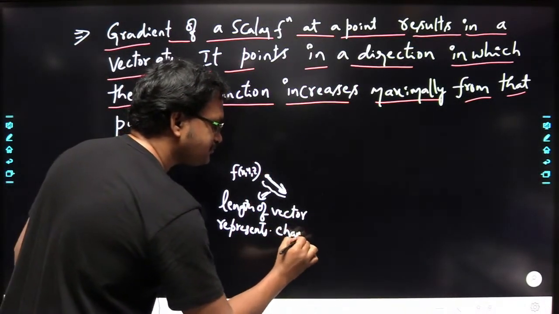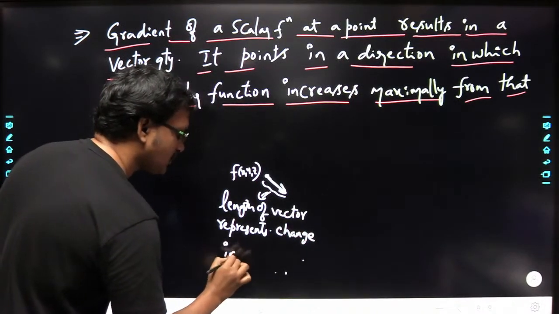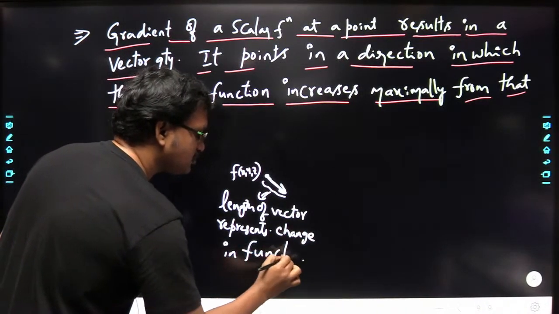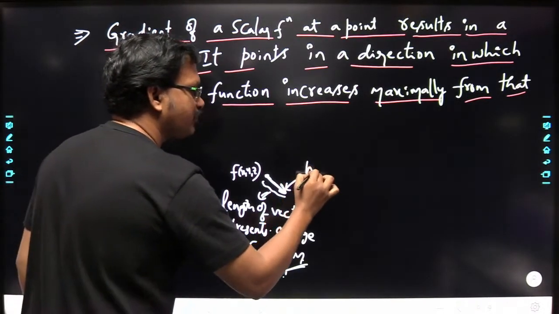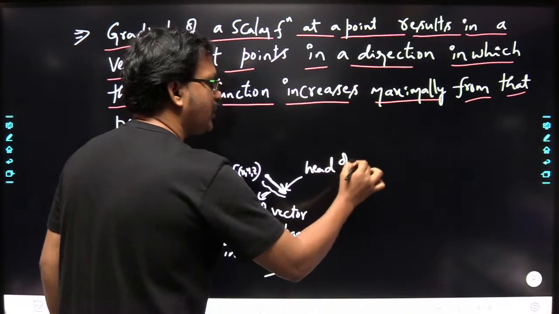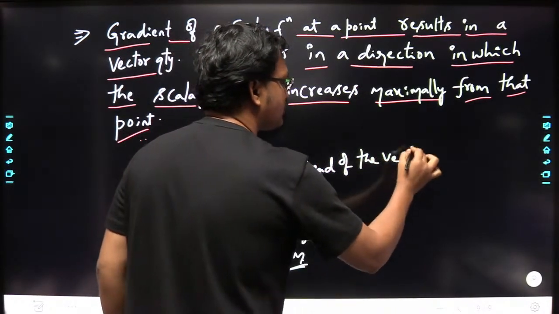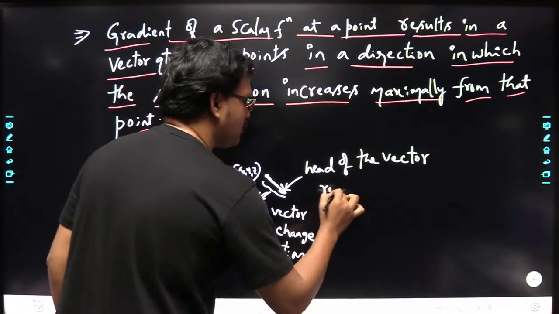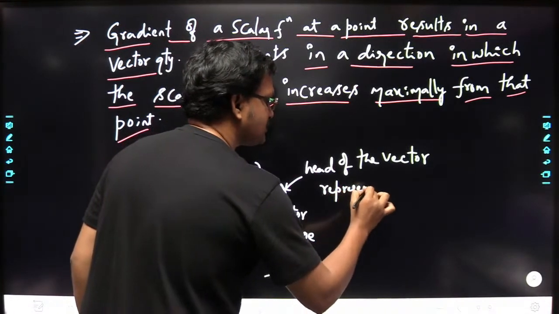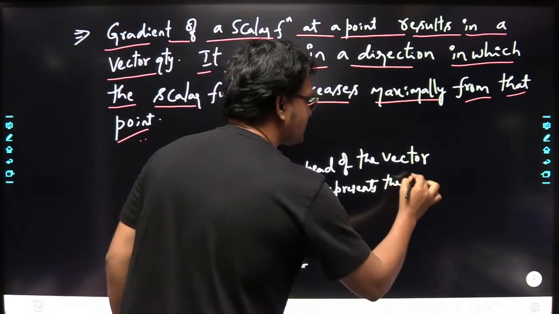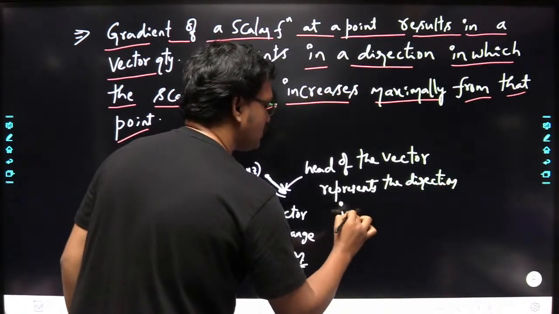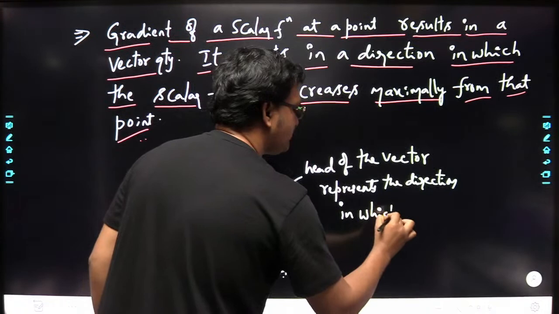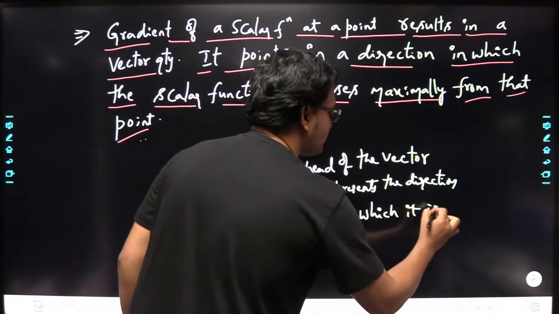Change in function. And the head of the vector represents what here? It represents the direction in which it is changing.